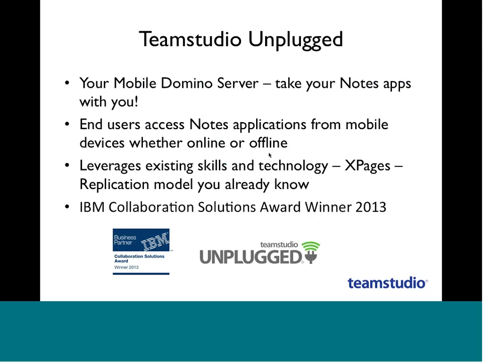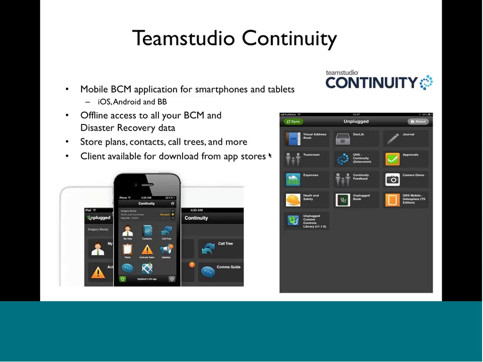We're very proud to have been the recipient of the IBM Collaboration Solution Award at Connect Conference in January of 2013. And this product is available on major mobile platforms, including BlackBerry, Android, or iOS. So in addition to Unplugged as a platform, which allows clients to create custom mobile applications that meet their own specs, we provide off-the-shelf apps like Team Studio Continuity.